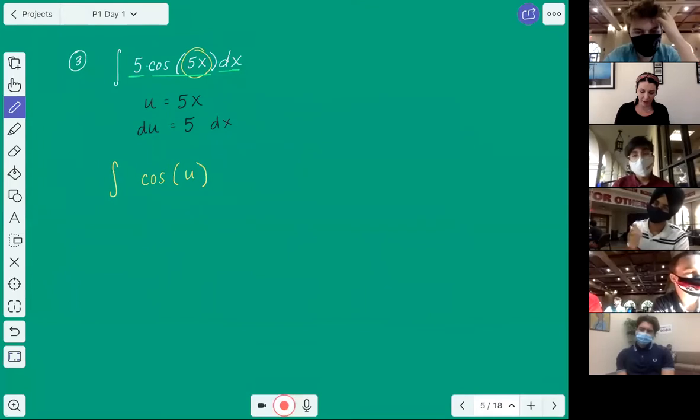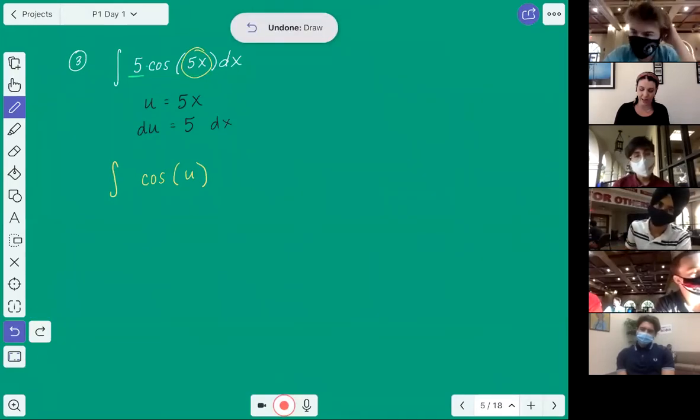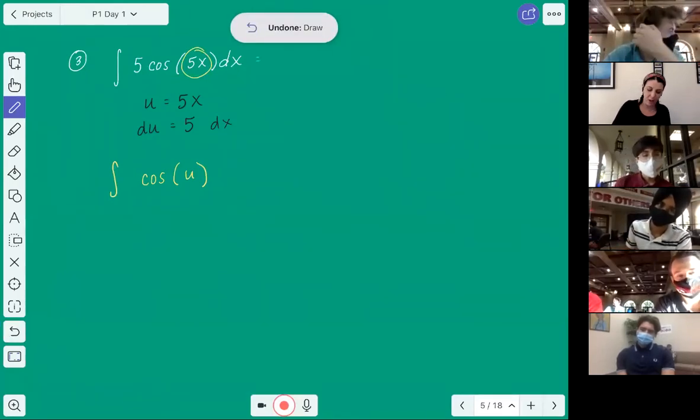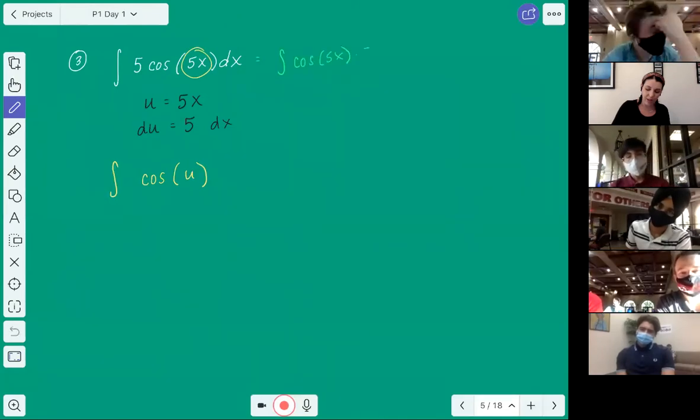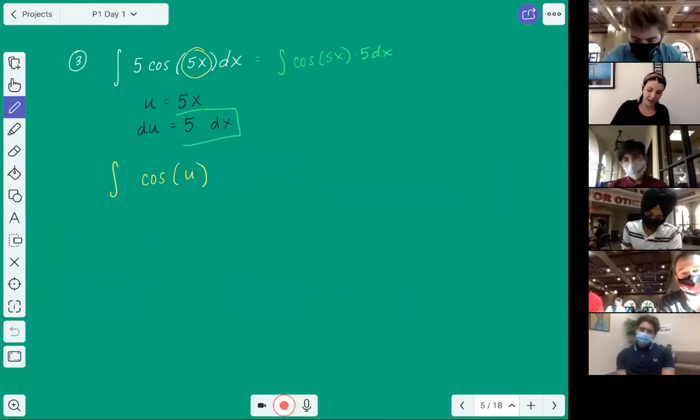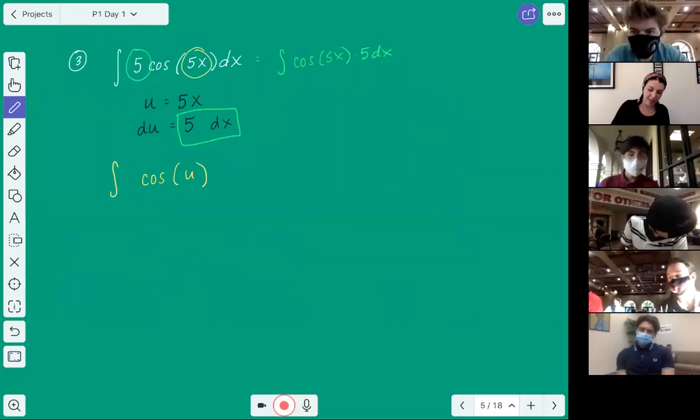So it doesn't matter if your 5 isn't right in front of the dx. Another way I could write this would be the integral of cosine of 5x times 5 dx. It's exactly the same thing. So I do have a 5 dx, so I can replace this 5 and this dx with just what that's equal to, which is a du here.